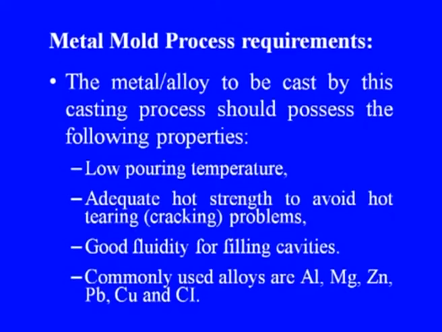Now, let us see what are the requirements of metal mold process. The metal or alloy to be cast by this casting process should possess the following properties. Number 1, low pouring temperature. Number 2, adequate hot strength to avoid hot tearing problems.